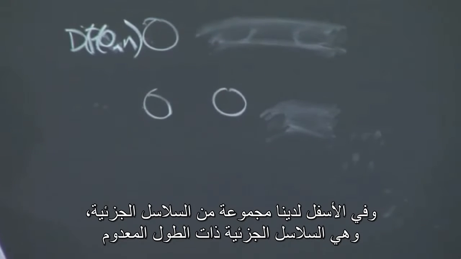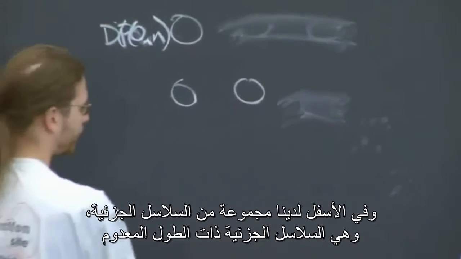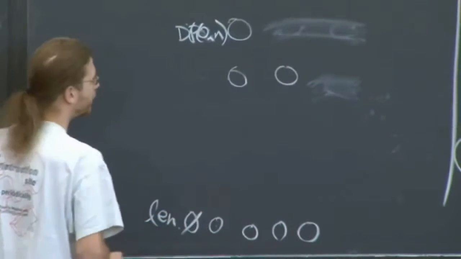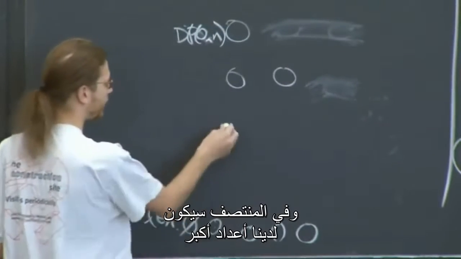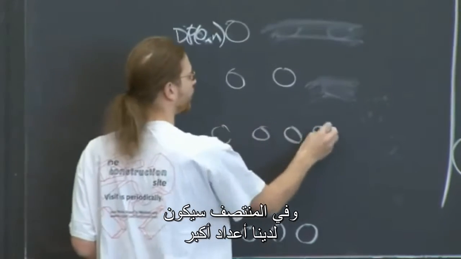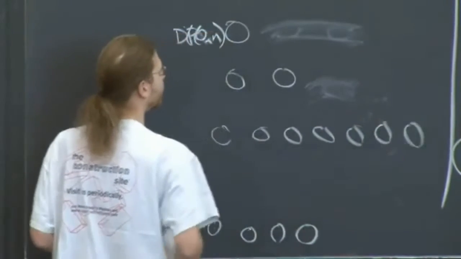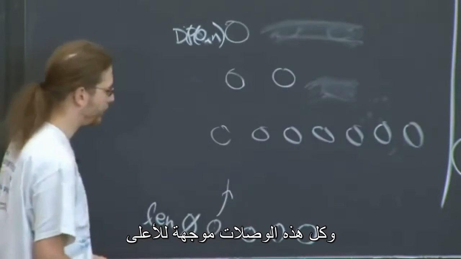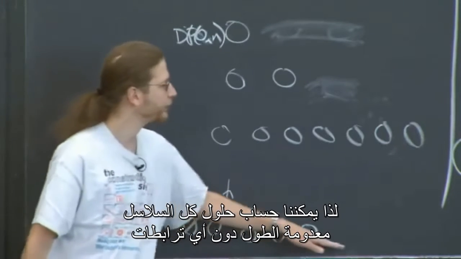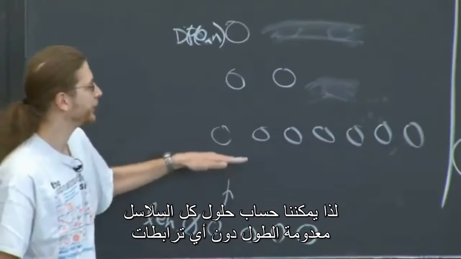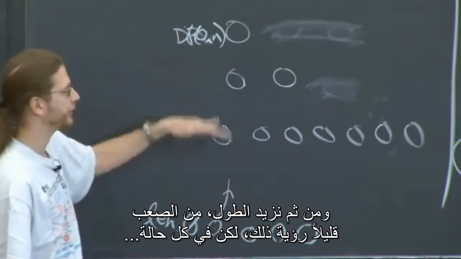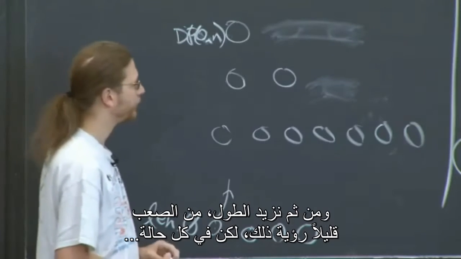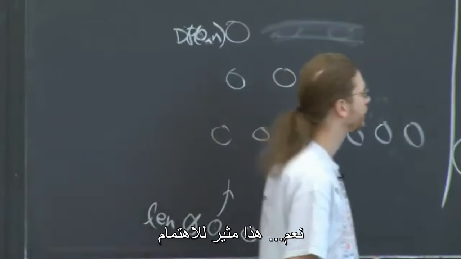At the bottom, you have a bunch of substrings which are the length 0 ones. And in between, in the middle here, you're going to have a much larger number. And all these edges are pointed up. So you can compute all the length 0 ones without any dependencies, and then just increase in length. It's a little hard to see.